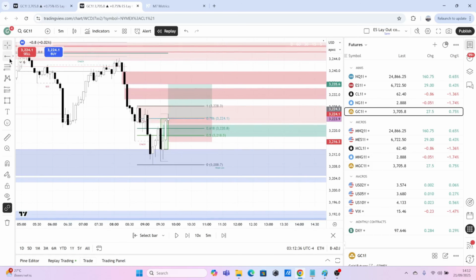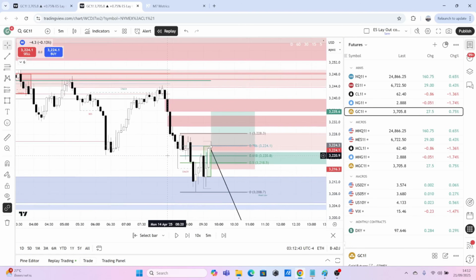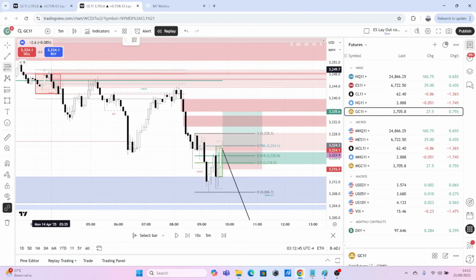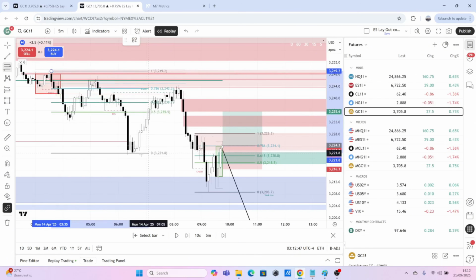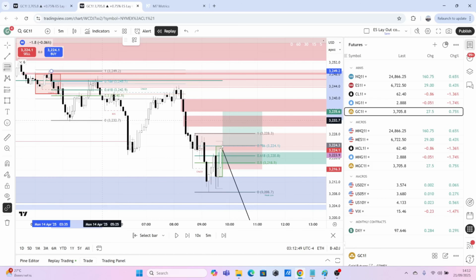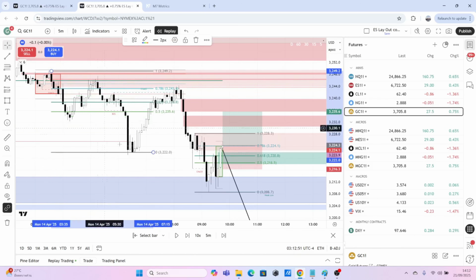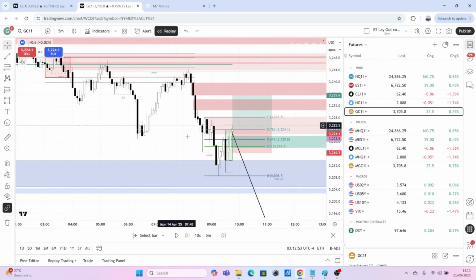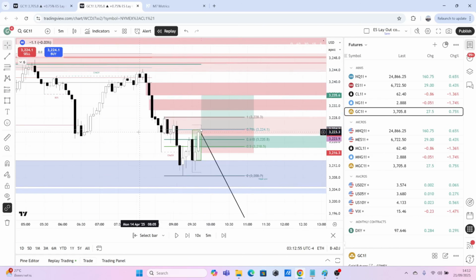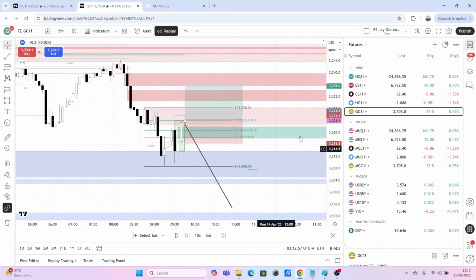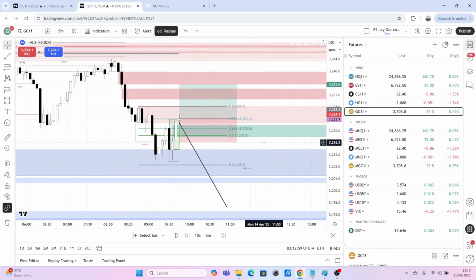And so really, price should just be doing this, coming in. If you look up here, what's price doing? It's rebalancing, it's rebalancing, it's rebalancing, it's moving down, it's rebalancing. It could just be doing the exact same thing. So I wouldn't be taking this trade. If you wanted to take this trade, you'd have to wait for it to come lower.